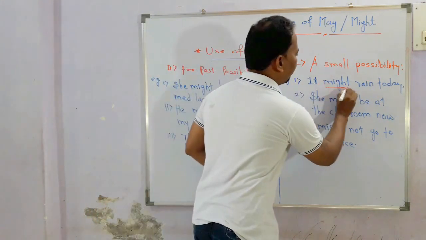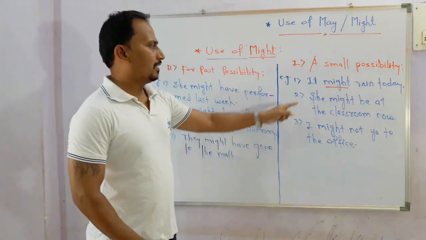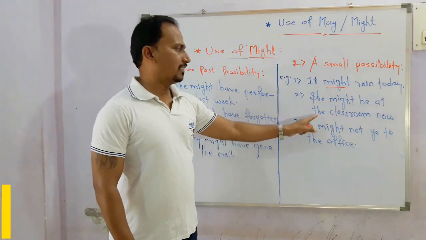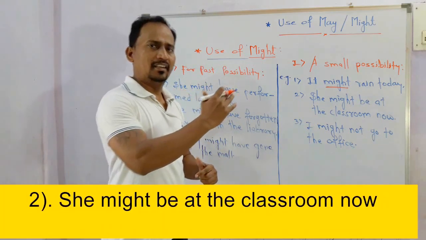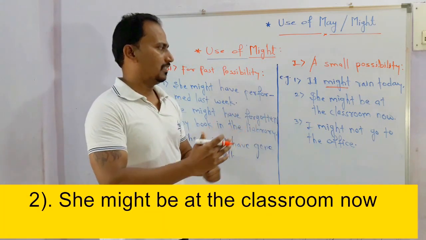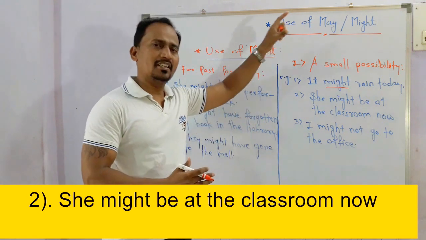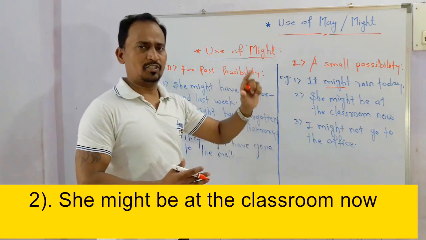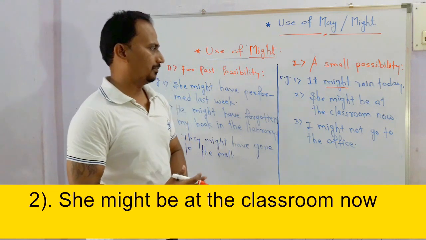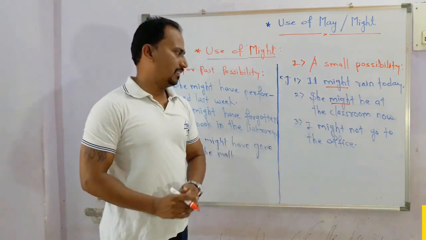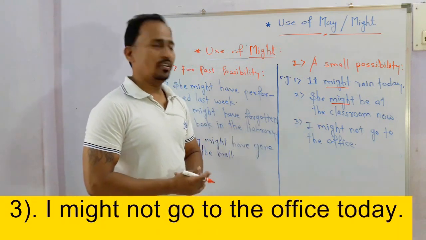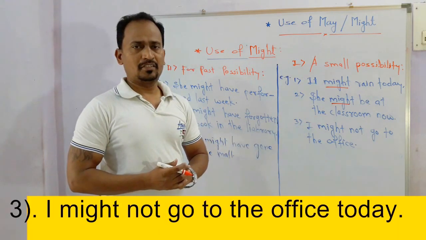Clear? One more example. She might be in the classroom now. That means there is a less possibility that she is in the classroom. And one more example is, I might not go to the office today.